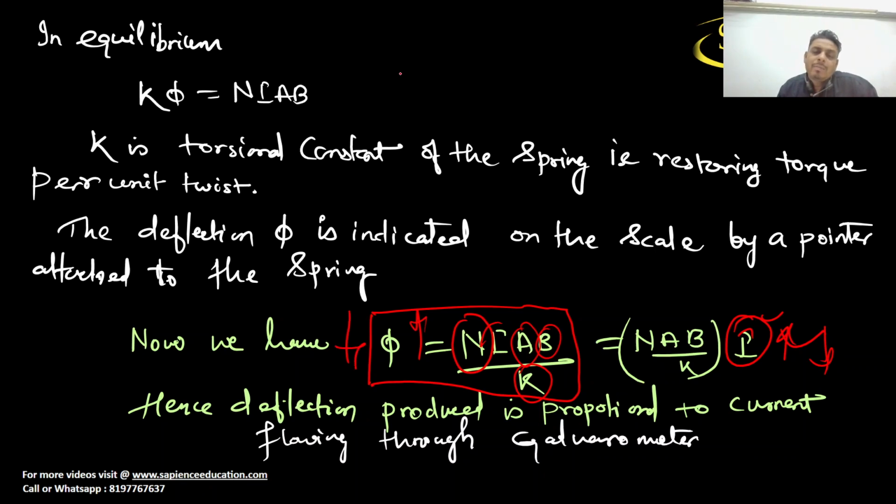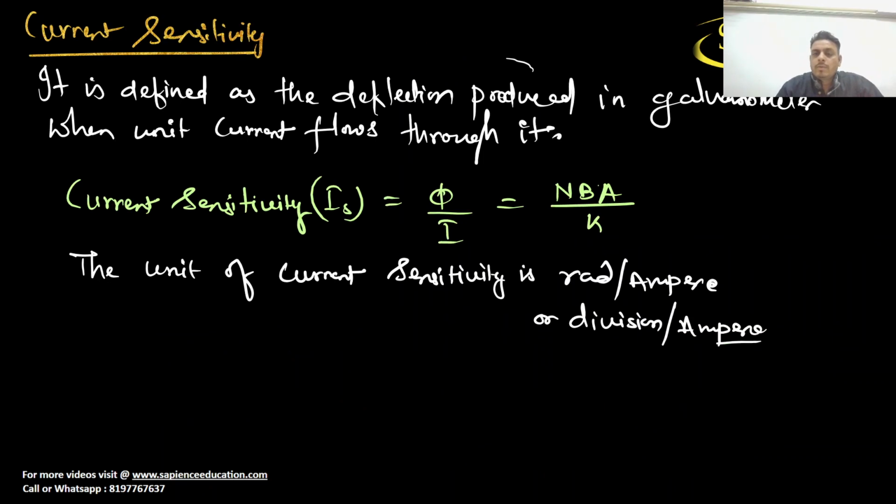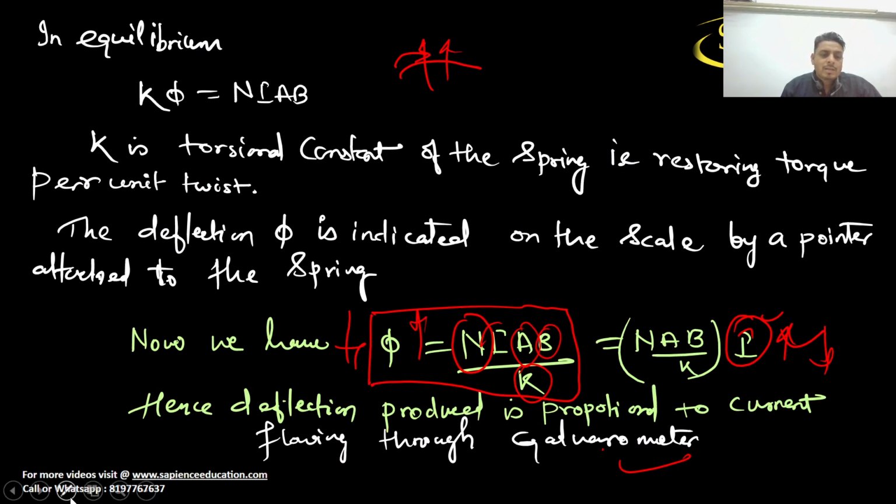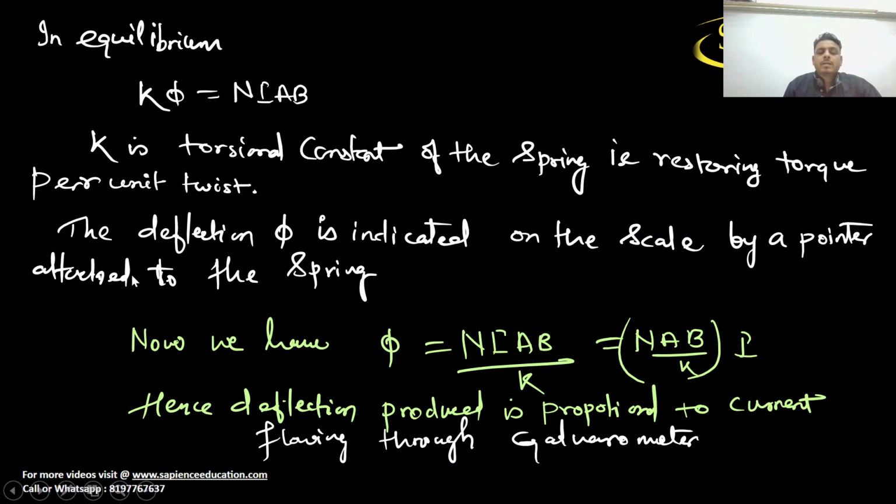So from the angle we can say the amount of current, and in this way we can compare it. Hence the deflection produced is proportional to the current flowing through the galvanometer. The more the deflection, the more current has flowed. I hope you have understood the basis of the galvanometer.